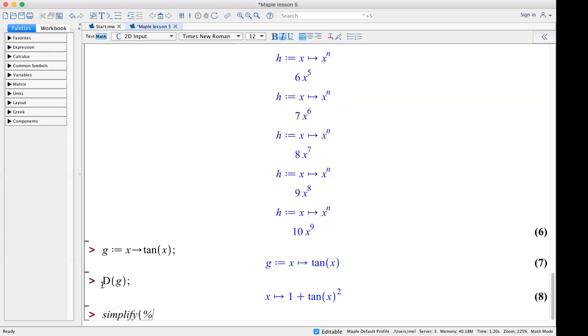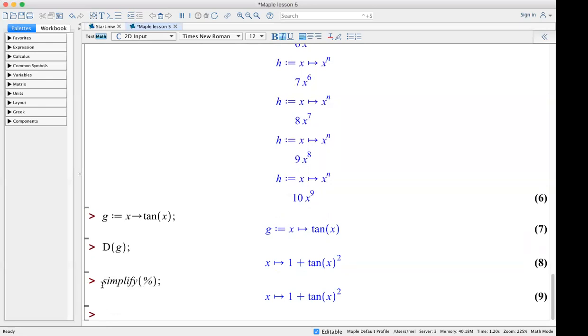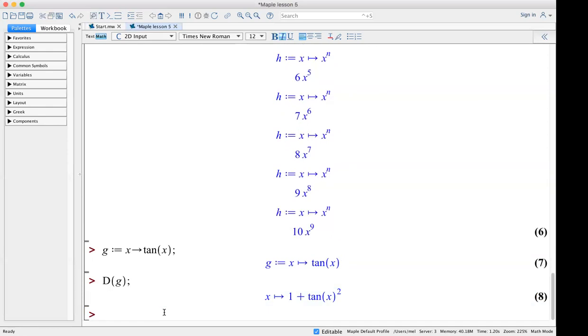Can I simplify that? No, Maple doesn't want to simplify it. But you know that 1 plus the tangent squared is the secant squared. So this simply gives us the formula, but in a different form. The basic formula you learned is the derivative of the tangent is the secant squared. The secant squared is 1 plus tangent squared.